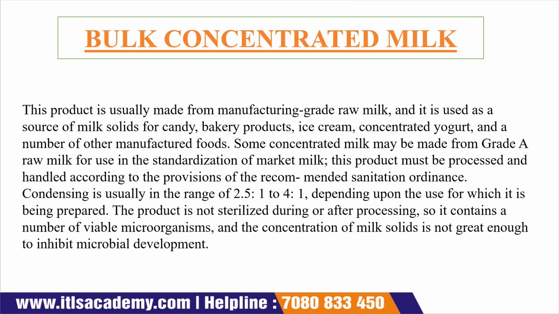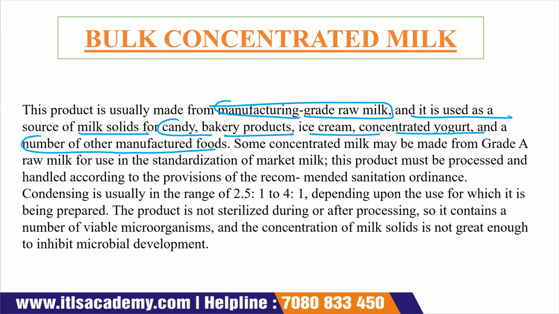Now the next is bulk concentrated milk. This bulk concentrated milk is usually prepared from a manufacturing grade raw milk, and then it is used as a source of milk solids for the manufacturing of different products, that is candy products, bakery, ice cream, concentrated yogurt, and a number of other manufactured products.